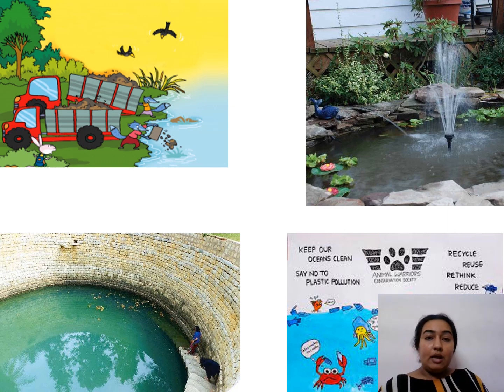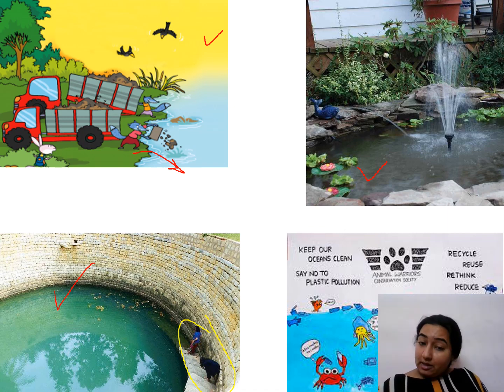Now, here we can see in the first image that a person is dumping garbage in the water. Here we can see water as a fountain. Here we can see water in wells, which is also required by animals for bathing and drinking, and for washing clothes.